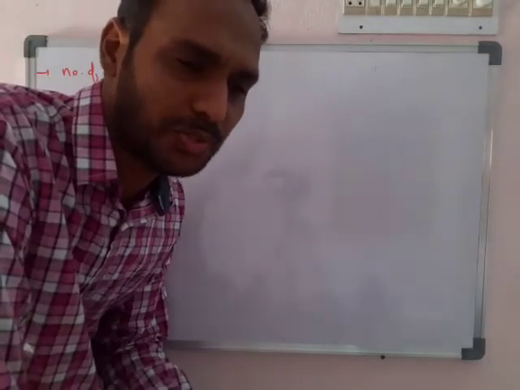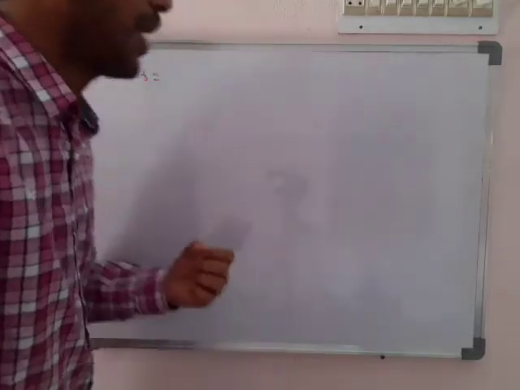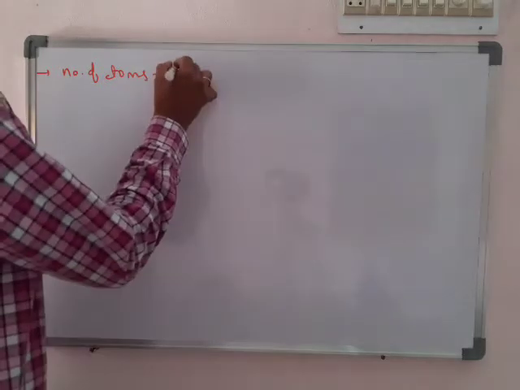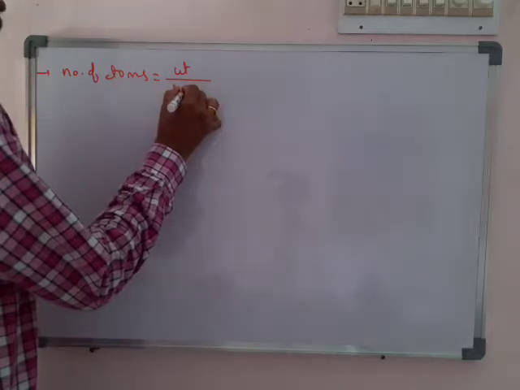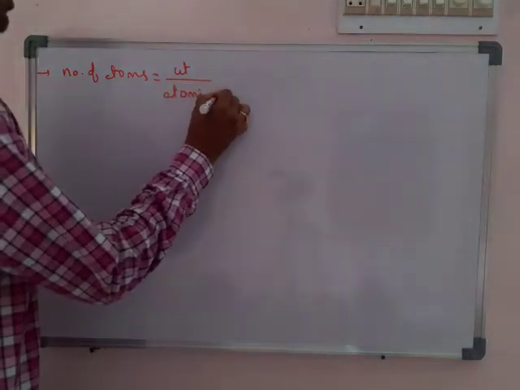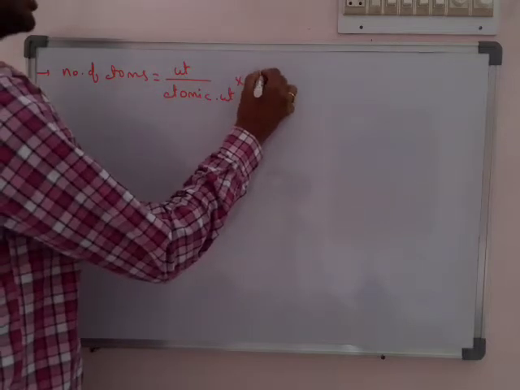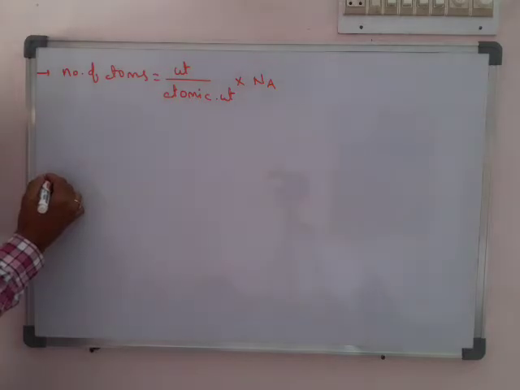If we have to find the number of atoms in some amount of compound, we take the weight divided by the atomic weight, into Avogadro's number. This is for the number of atoms.